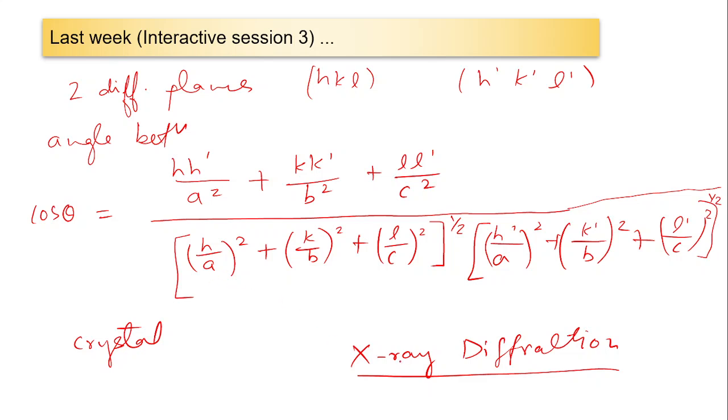Visible light is around 400 to 700 nanometer wavelength, while X-ray has a very small wavelength, like 0.1 to 1 nanometer. And just to recall, 1 nanometer means 10 to the power minus 9 meters. So it's very, very small.